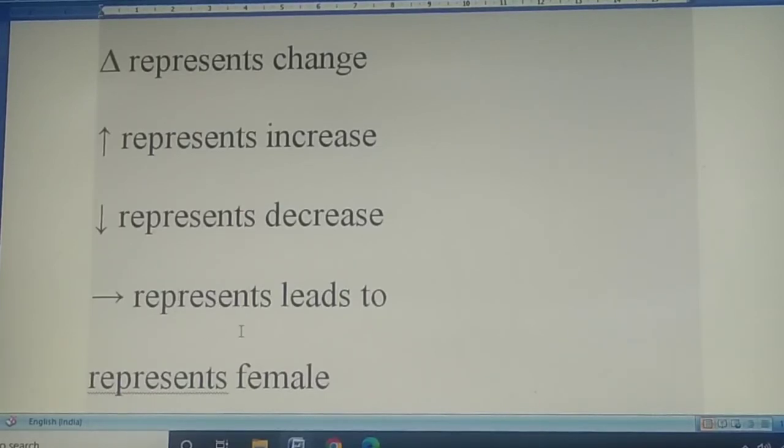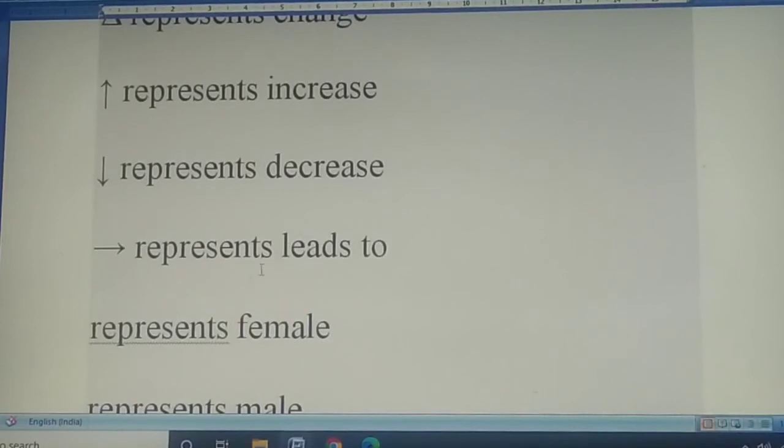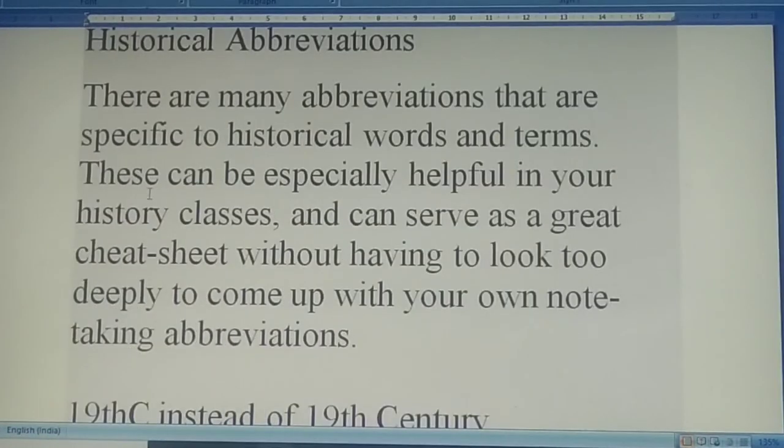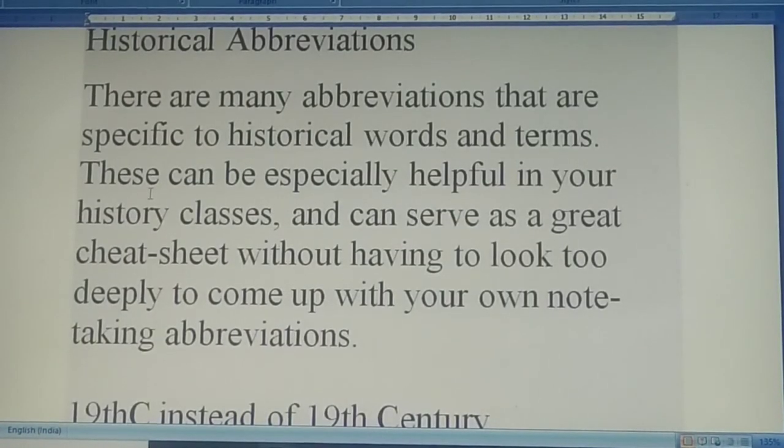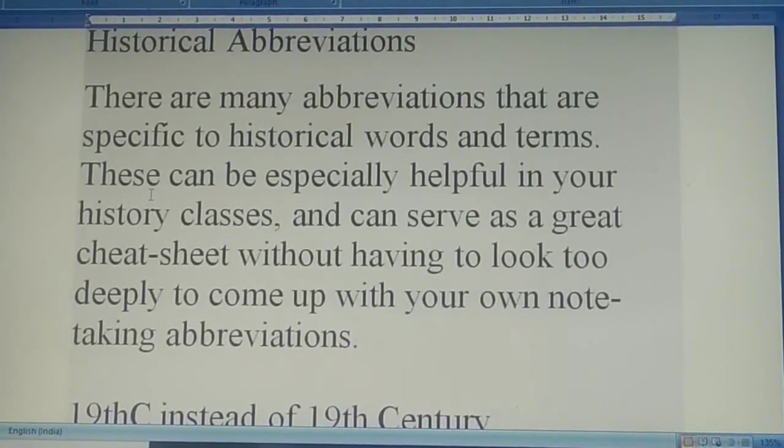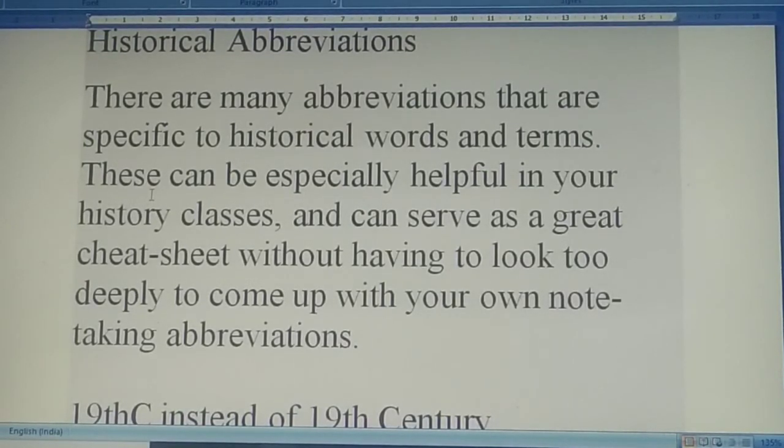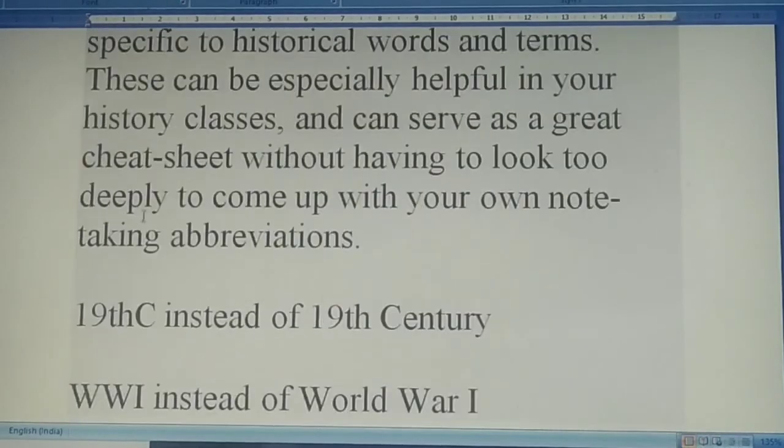Arrow pointing downwards is decrease. Arrow pointing straight. Now, historical abbreviations. There are many abbreviations that are specific to historical words and terms. These can be especially helpful in your history classes and can serve as a great cheat sheet without having to look too deeply to come up with your own note-taking abbreviations.